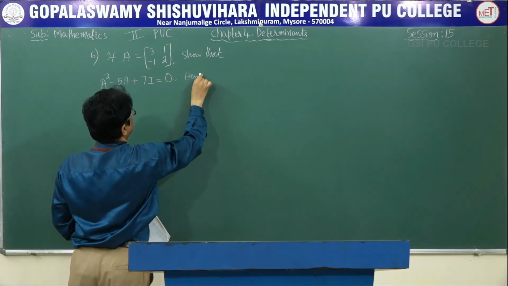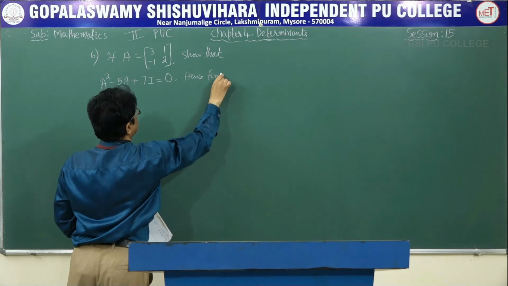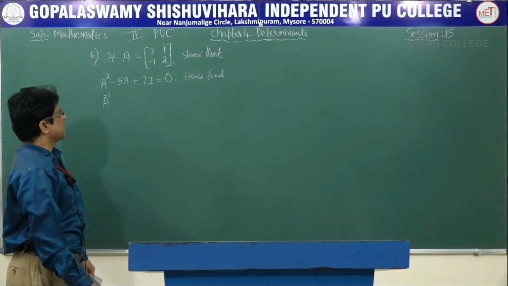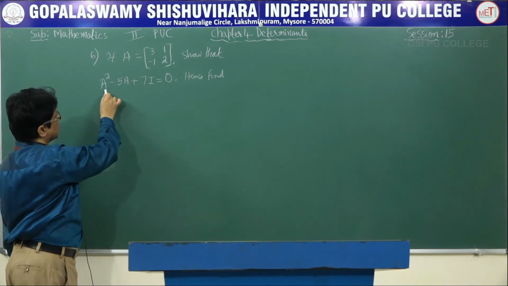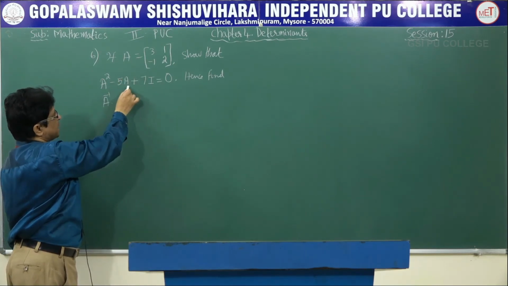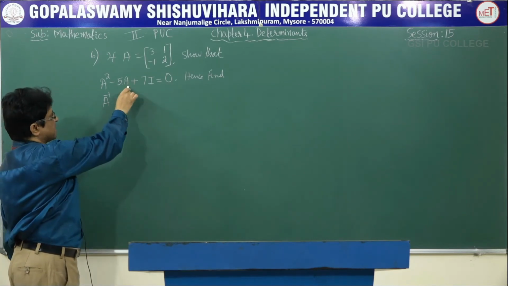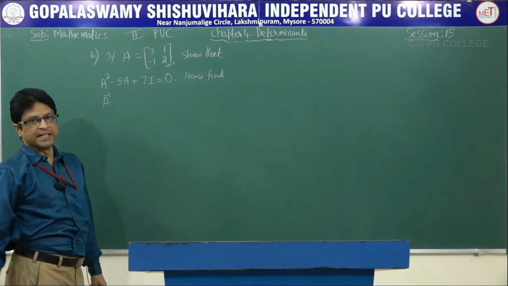Hence, find A inverse. So, in this type of problems, first you have to show that A square minus 5A plus 7I is equal to null matrix. After showing this result, we have to find A inverse.